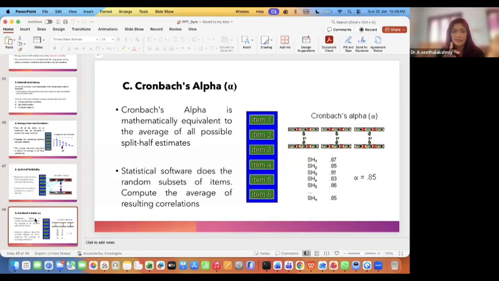Another method, and the most common one that we use, is Cronbach's alpha. When you do that internal consistency correlation, you will get a value called the correlation coefficient, or Cronbach's alpha coefficient.